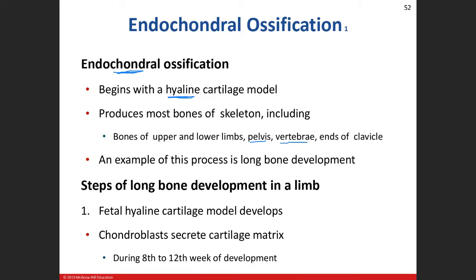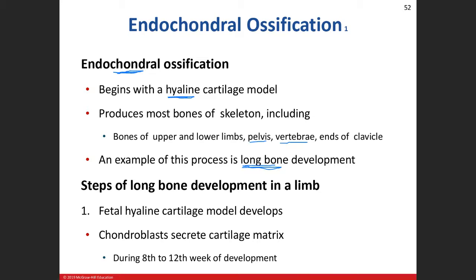Okay, so your appendicular skeleton pretty much undergoes endochondral ossification, and then parts of your axial skeleton. So we're going to use the example of a long bone here. That's what your book uses, and it's just a little bit easier. Okay. So the first step is easy.